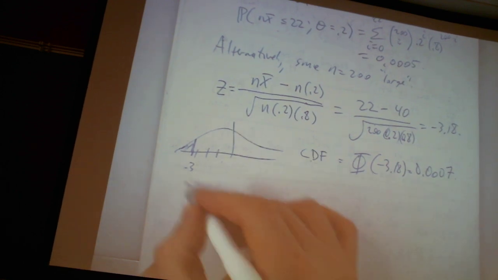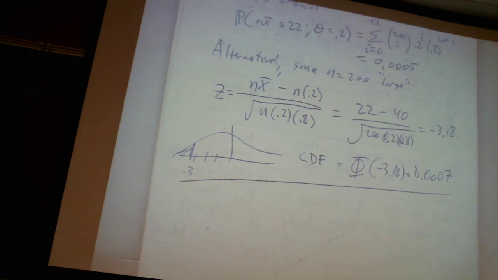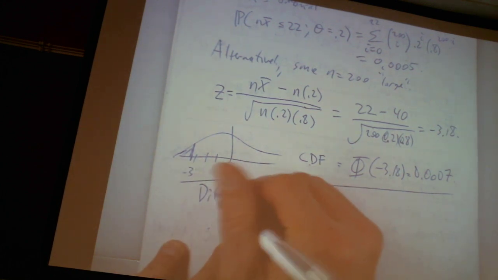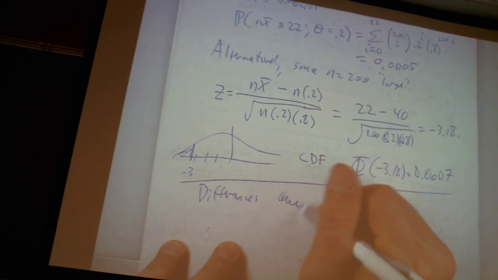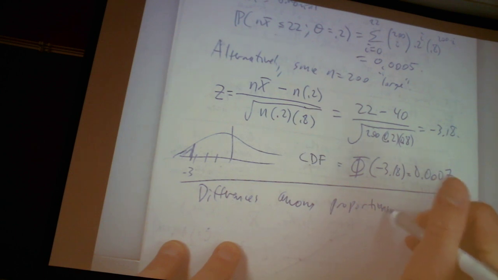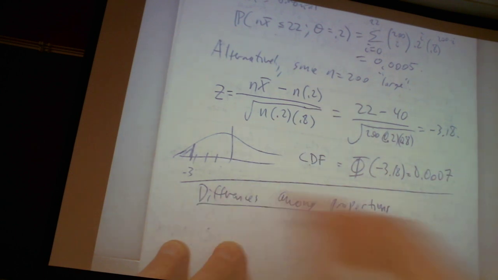All right, we got one more to cover, and this is the most important thing. This is the key to all of the scientific method. It's the difference in proportions. Differences among proportions. Why is this the scientific method?